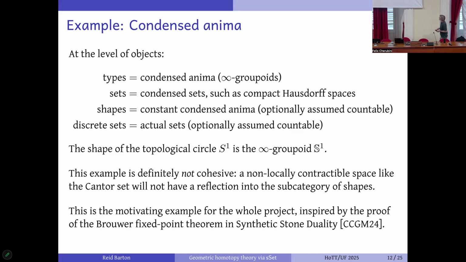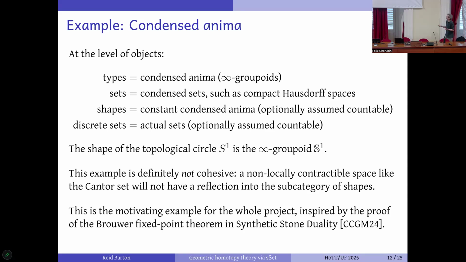But the actually motivating example for this project was another model, which is the model of condensed mathematics, or condensed anima, or condensed spaces, or infinity groupoids, or whatever we want to call it. I'm not going to go into a lot of detail, but the types here are now these condensed anima in the sense of Scholze or Clausen and various other versions of them. The sets are the H-level 0, or zero-truncated objects, those are condensed sets.